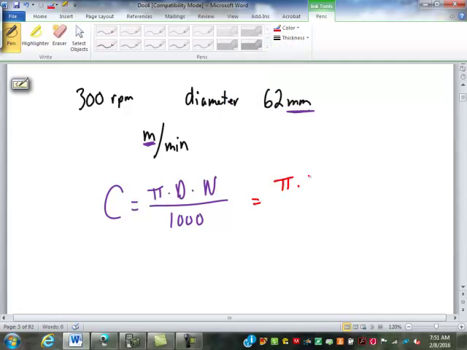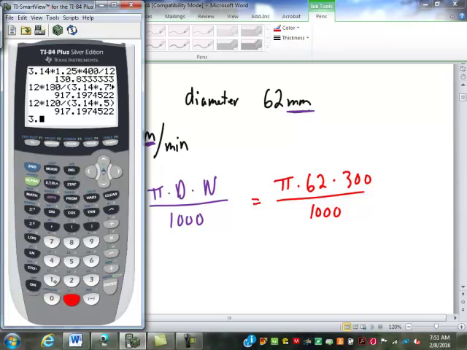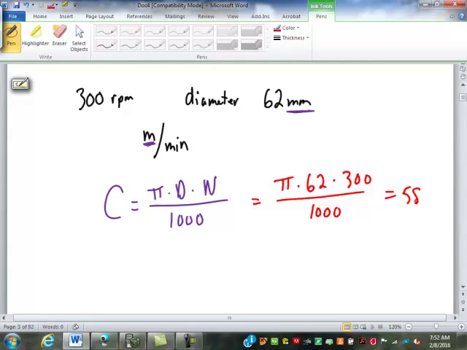So this will be pi times 62 times 300 divided by 1,000. So 3.14 times 62 times 300 divided by 1,000. 58.4, what you getting?